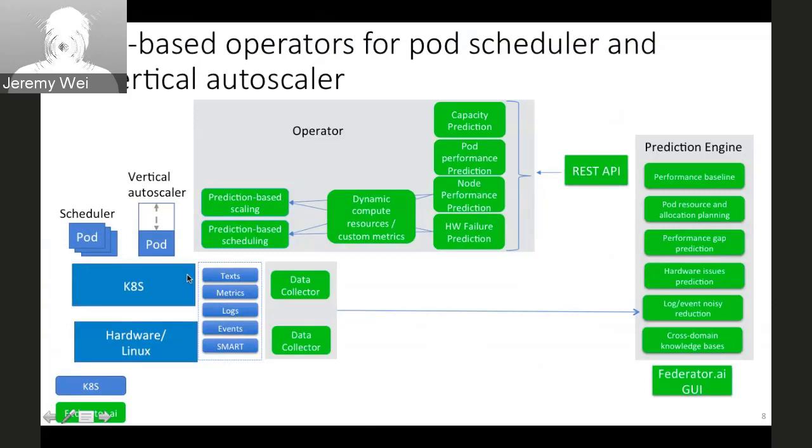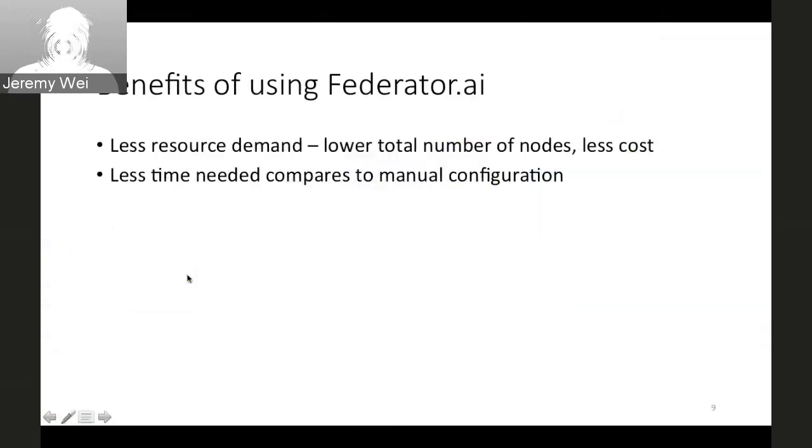The operator will execute the plan accordingly for the pod resource allocation, as well as send an alert to the users if any future event is predicted. So you can see by using Federator.ai, there are less resources, less hardware, less cost, and less time for the configuration. So next, we are going to give you a live demo.